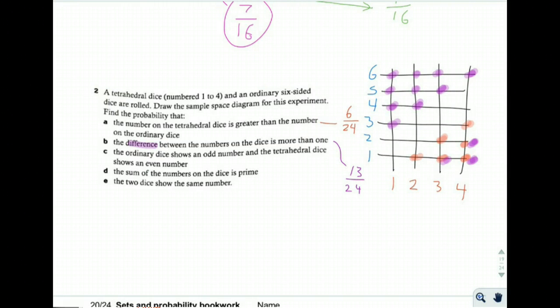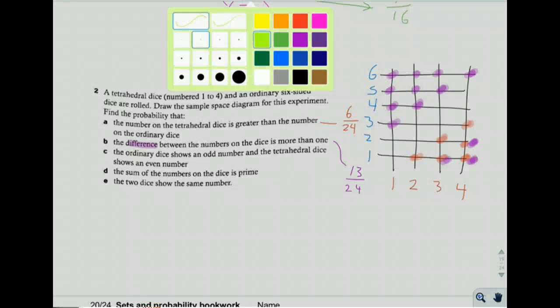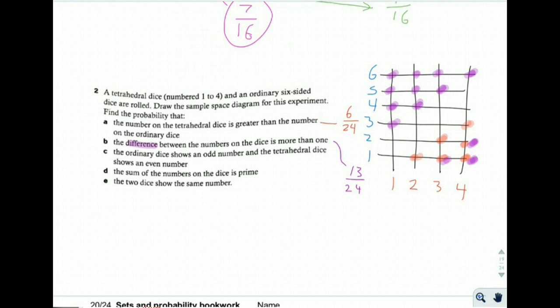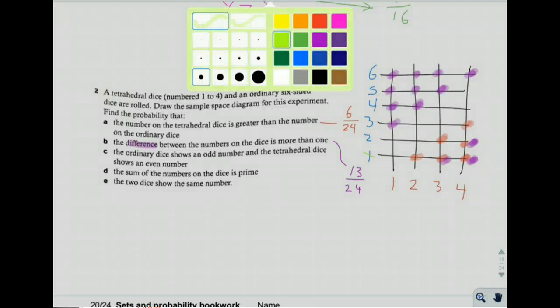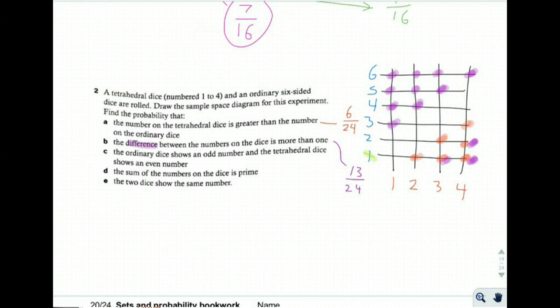Now, the ordinary dice shows an odd number, and the tetrahedral dice shows an even number. So that would be, the 6-sided dice shows an odd number. So it would be this one, and this one. And this one would be even numbers, right?